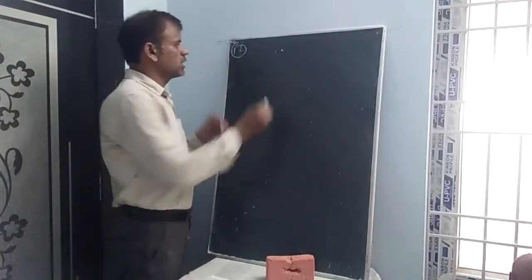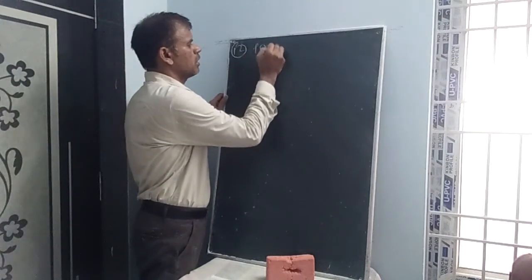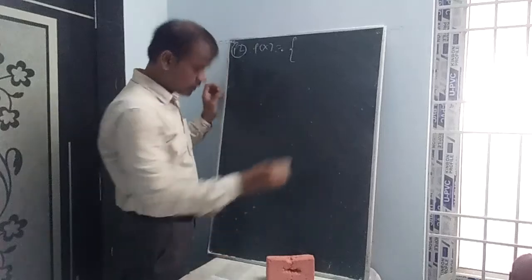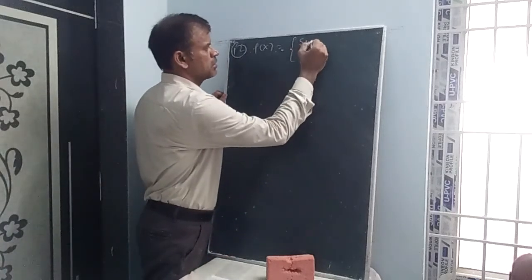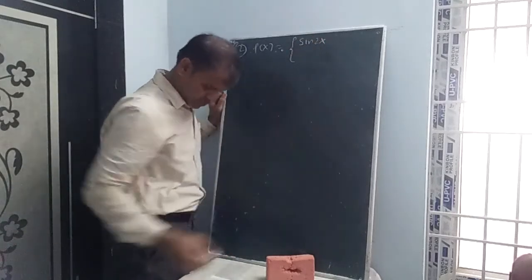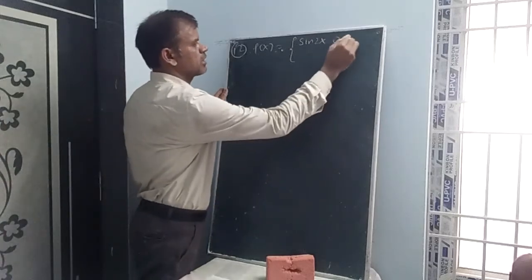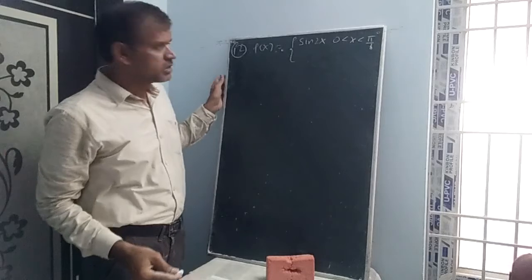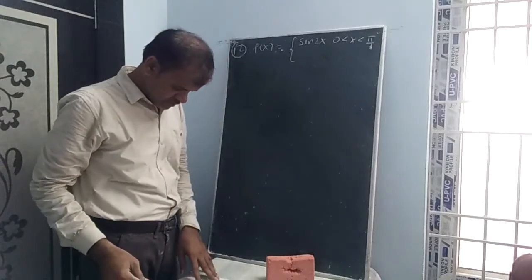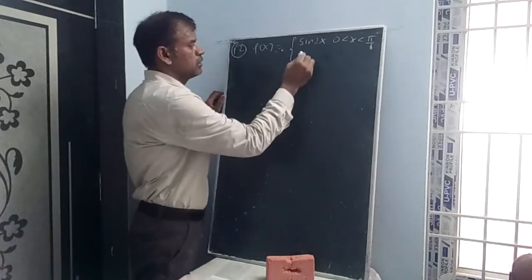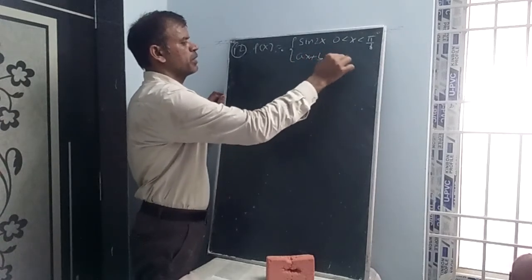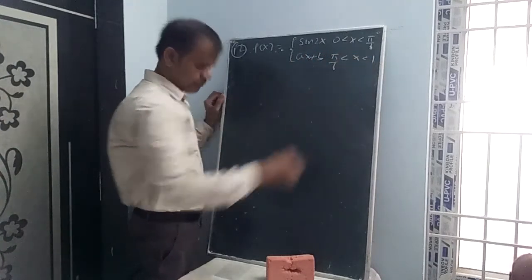Correcting the print mistake: f of x is equal to sin 2x for 0 less than x less than pi by 6, and ax plus b, a linear polynomial, for pi by 6 less than x less than 1.